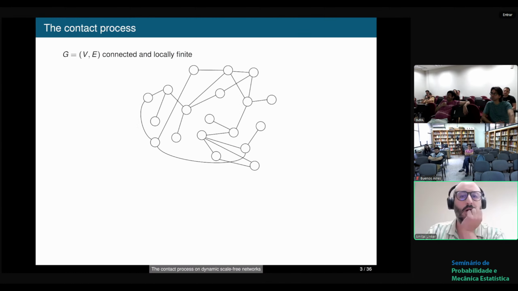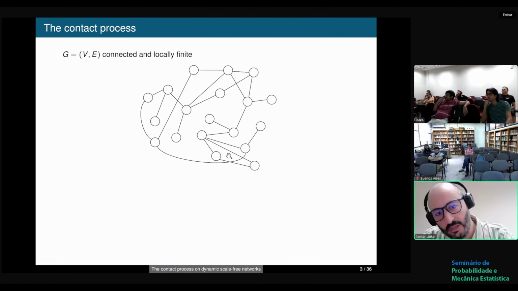For anyone of you who is not familiar with the contact process, it's a particle system. What we take is a connected and locally finite network. For instance, here we have a network with several vertices, which is finite, but of course the process can be defined on an infinite network.